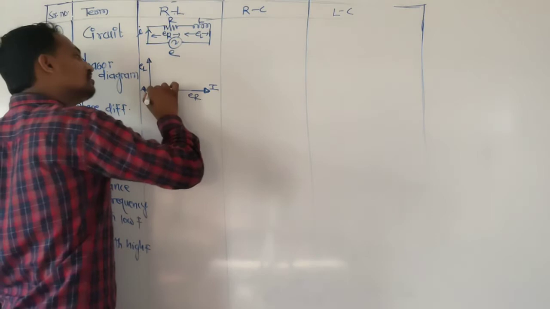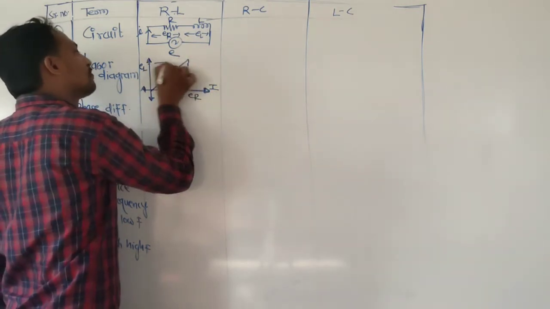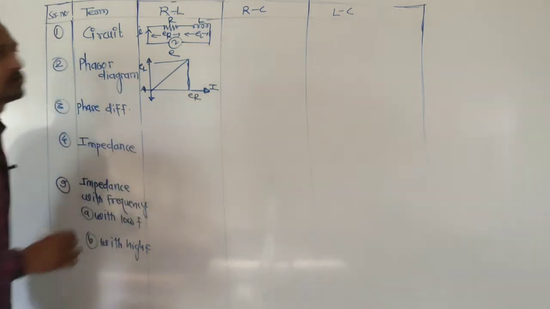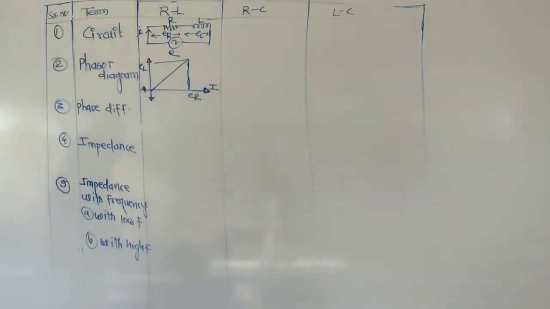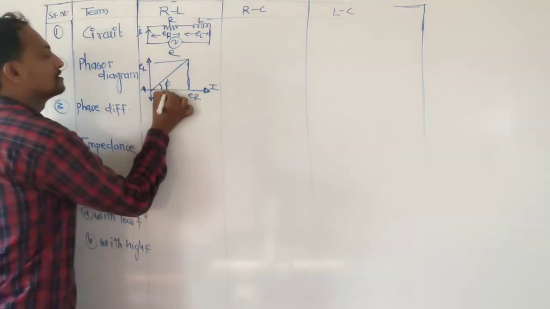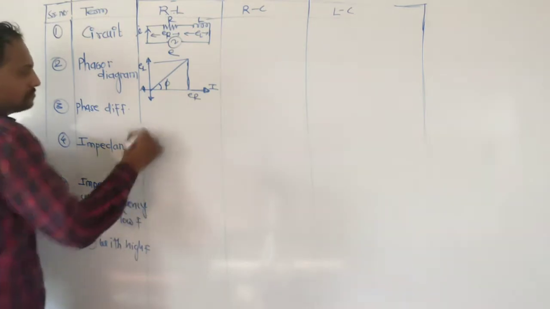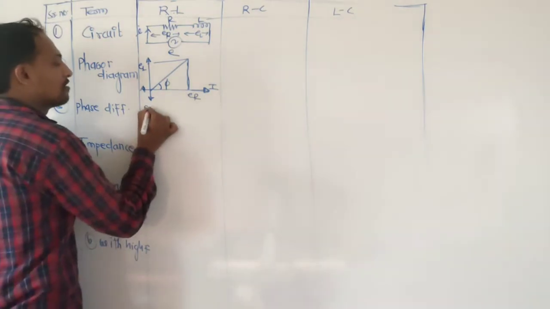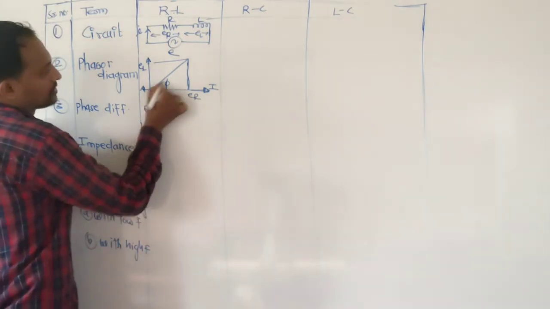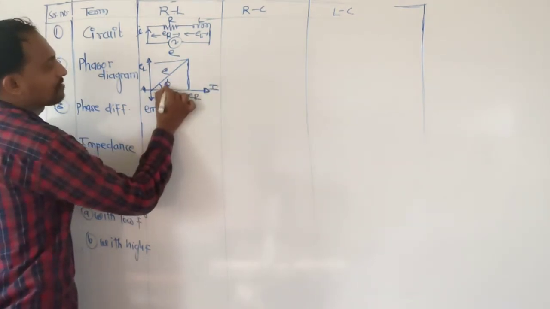So the resultant EMF is like this here. This is the phase difference, which varies between 0 to 90 degrees. This is the final EMF, which leads current by some certain phi angle.